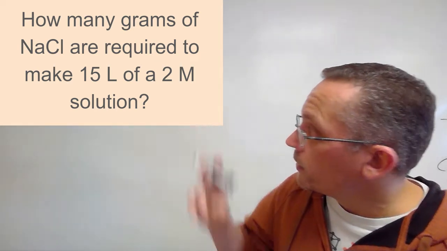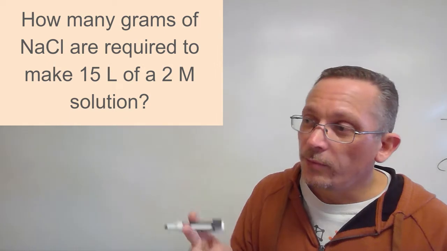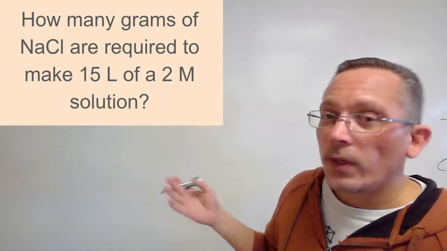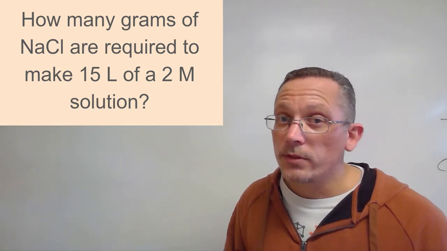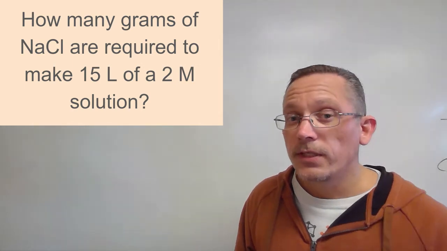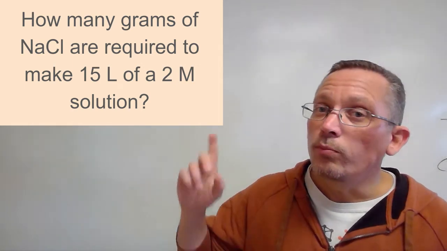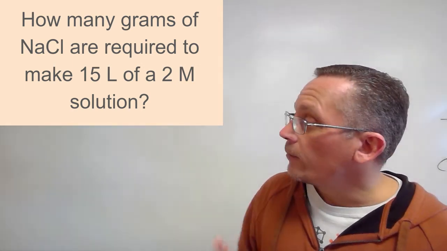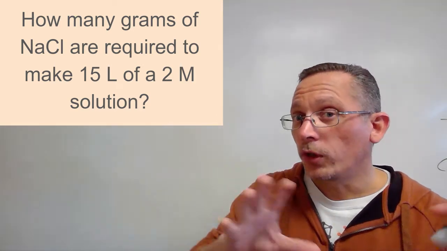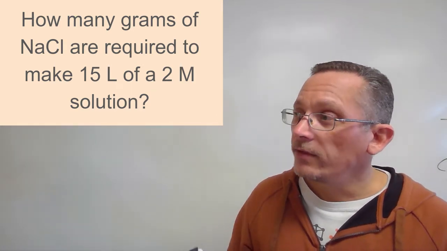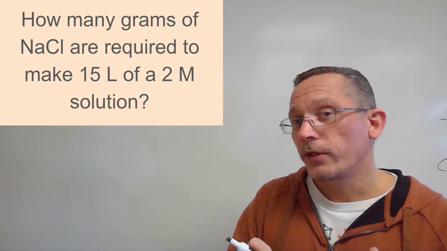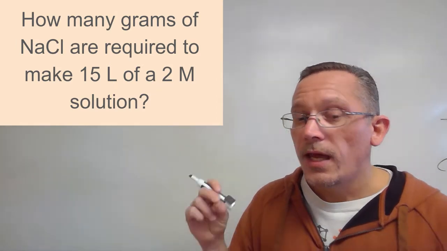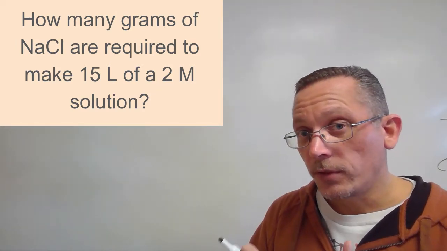But we're going to do the problem just like a stoichiometry problem. So the first question is, how do I start the problem? What number do I start with? Now you're going to see 2 numbers in the problem. You see there it says 15 liters. And it says 2 molar, right? Now I'm going to tell you, this molarity number is kind of like the numbers that you get off of the periodic table, the molar mass, and kind of like the coefficients in the chemical equation.